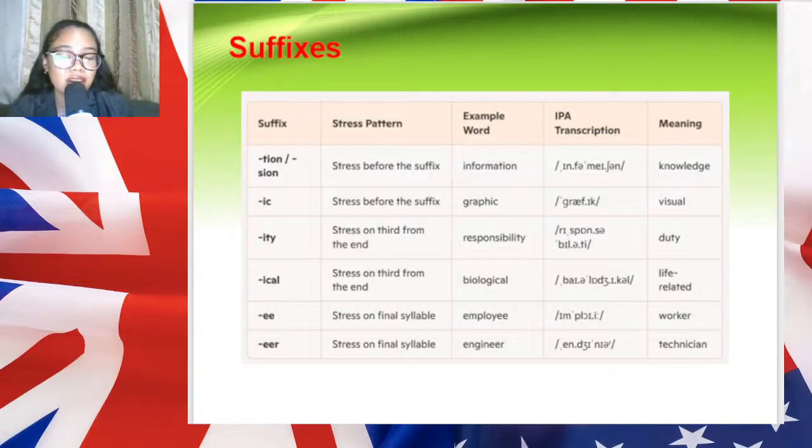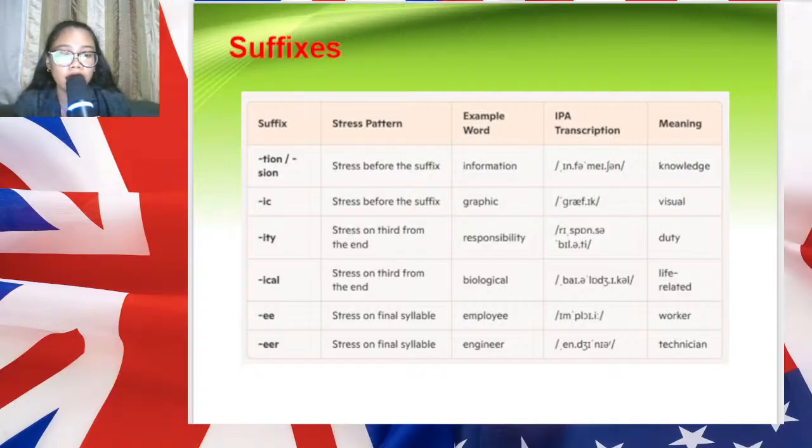The stressed syllable is may. Why? Because the apostrophe is right before it. So our stressed syllable here is may.